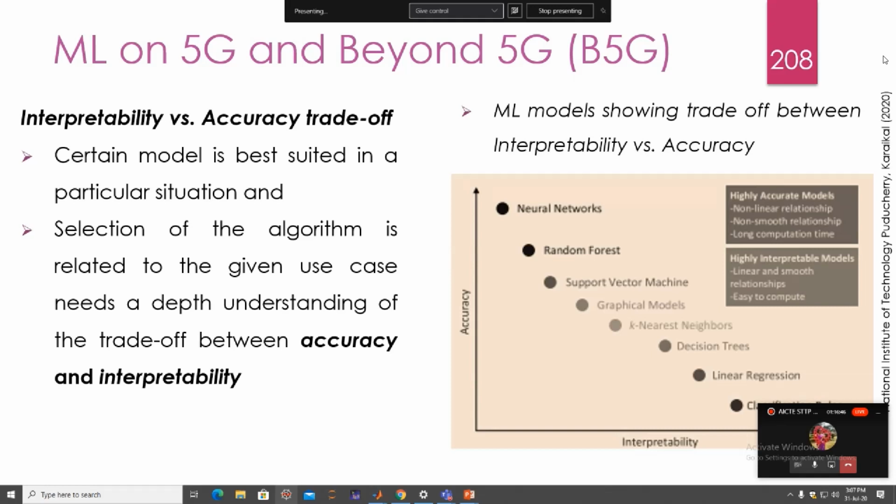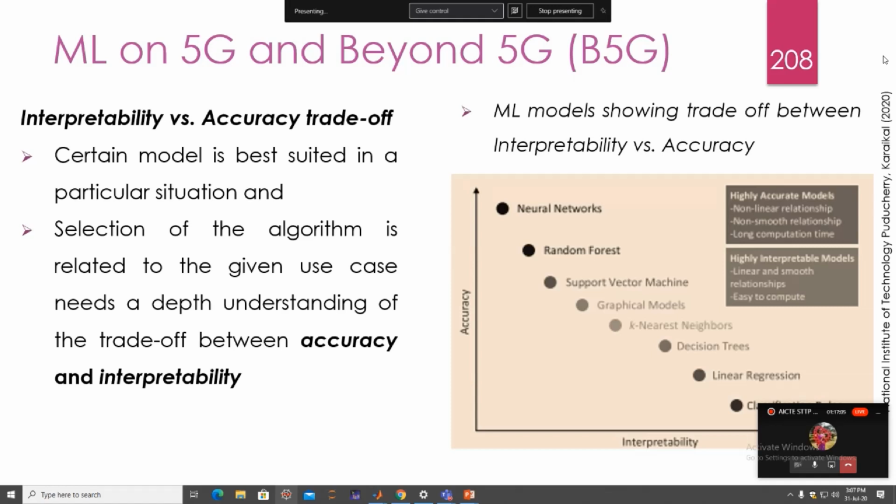In wireless communications, certain models are very accurate and certain models can interpret properly, highly interpretable models. If one model has better accuracy, it doesn't necessarily interpret better.